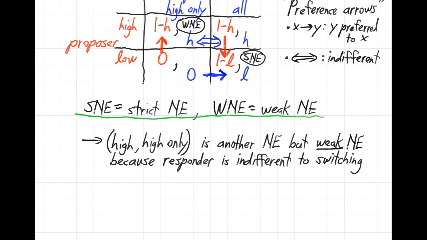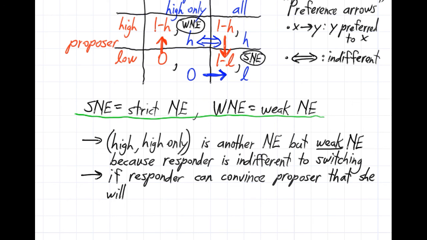And why is that important? The solution concept of a weak Nash equilibrium can play an important role, especially in cases, for example, if the responder can somehow convince the proposer that she will accept high only, then we expect the weak Nash equilibrium outcome.